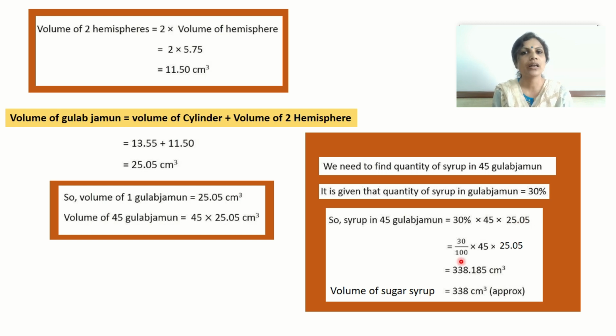So 30% you can write 30 upon 100 into 45 into 25.05. Alright, so this 00 you can cancel, and if you multiply all the terms, the multiplication is equal to 338.185 centimeter cube. So you can say that the volume of syrup in the gulab jamun is approximately equal to 338 centimeter cube.